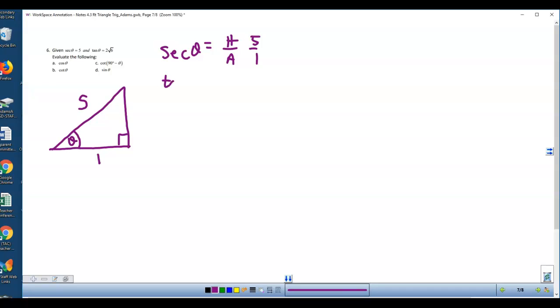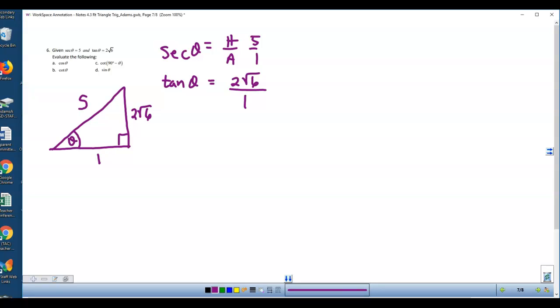But also in this triangle, tan of theta equals 2 root 6, and so technically that's 2 root 6 over 1. And we know tangent is opposite over adjacent. The adjacent is 1, which is right down here, leaves the opposite to be 2 root 6. So now I have all of the pieces of my triangle.